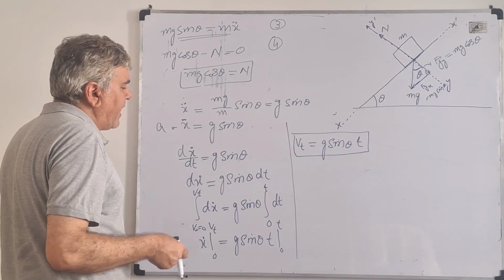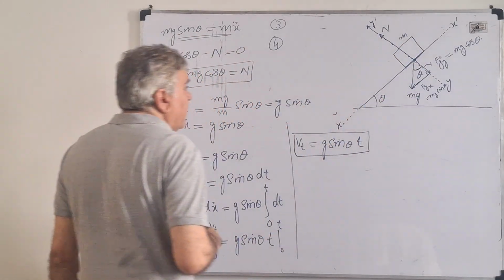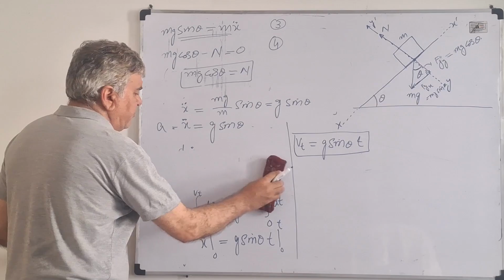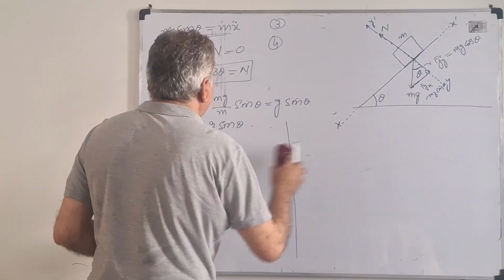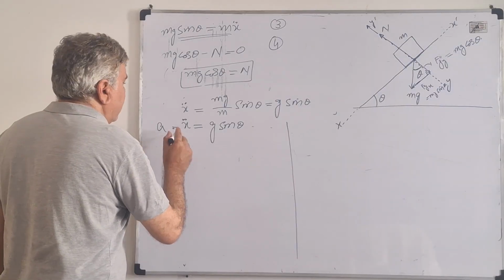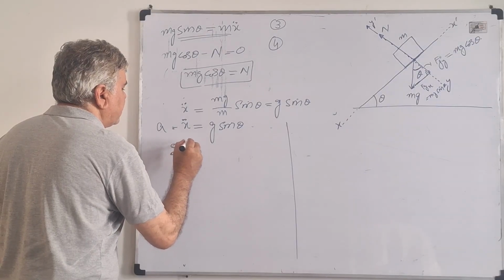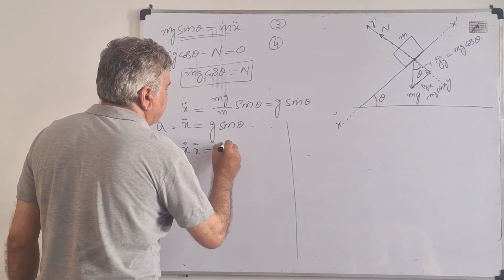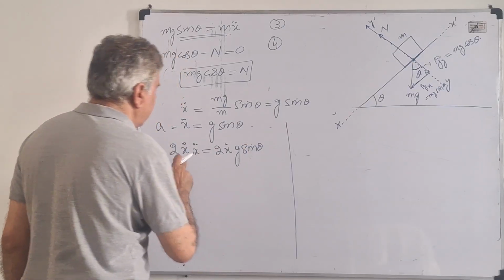And now I want to find a relation for velocity in terms of the position along the plane of the block. So that I can do by, again, removing these things, and this is not needed anymore. I can multiply this equation with 2 times x dot. That is, I want to write this equation in the form 2 times x dot into x double dot equals 2 times x dot g sine theta.